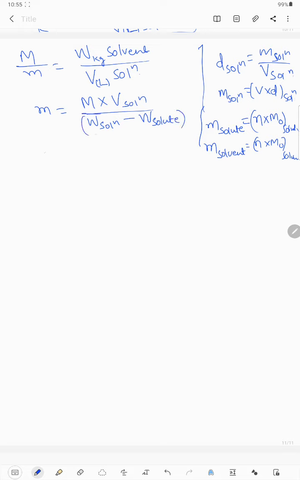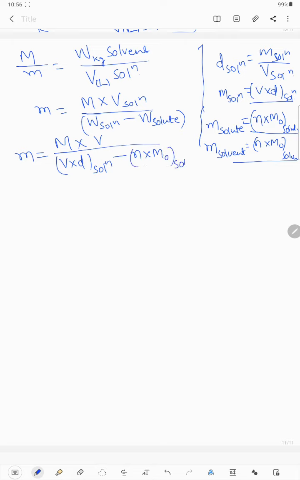So molality is molarity into volume of solution divided by weight of solution minus weight of solute, which is V into D of solution minus N into M naught of solute. M naught means molecular mass.